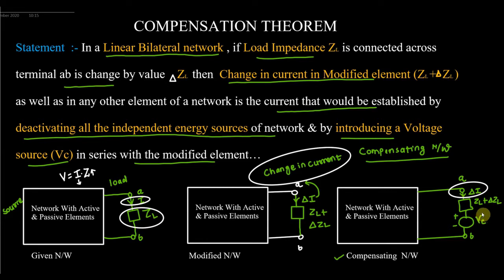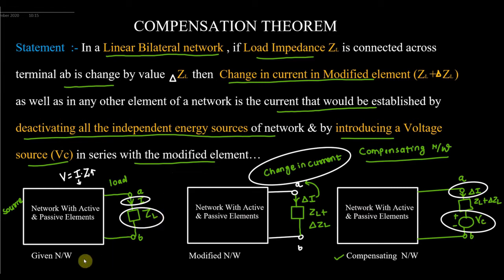Okay. Here this term is most important, that is called VC. What is this VC called? VC is called the compensating voltage source. Fine. So in that way you have to apply the compensation theorem. Compensation theorem is used to find out the change in current of any element of the network when there is a modification.